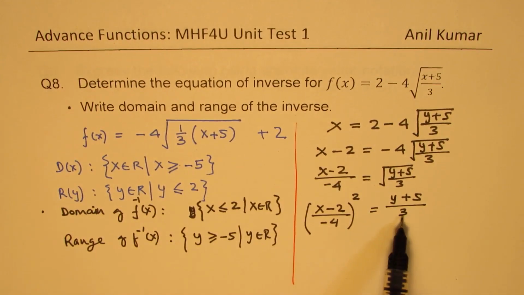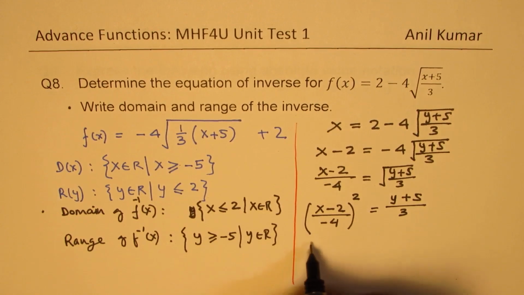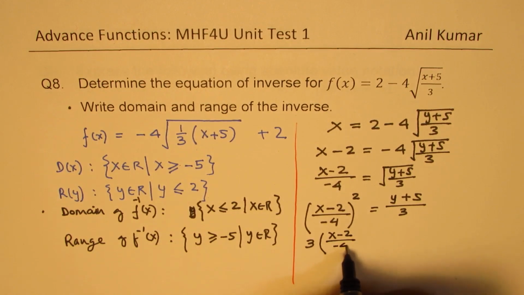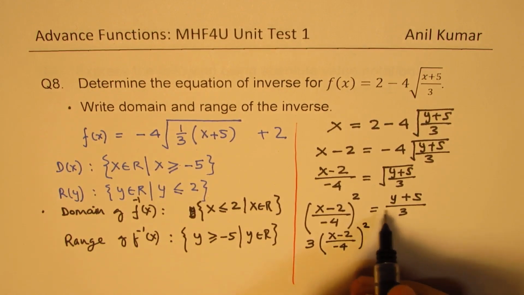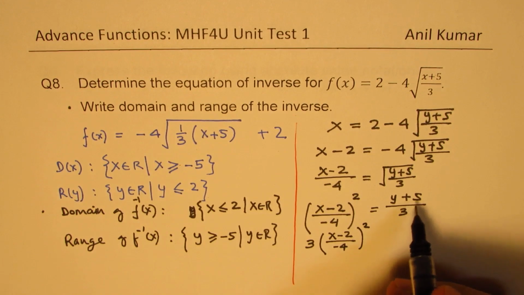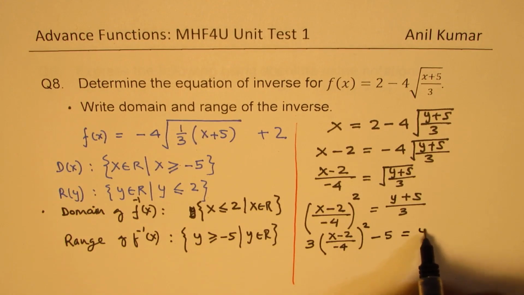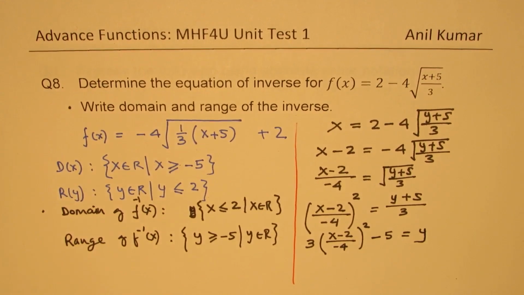Now we have to multiply by 3 all this, (x minus 2 over minus 4) whole square. And then I'll just take away 5, equals y.